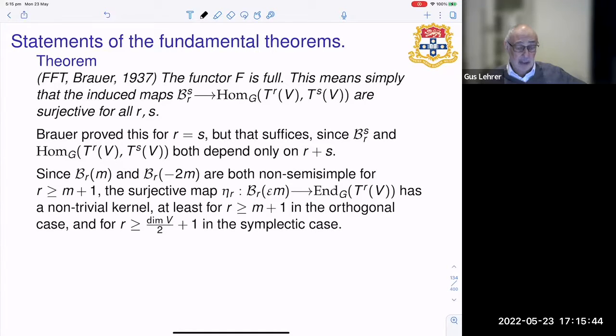We've seen the result of Rui and Cheng that the Brauer algebras BR of M and BR of -2M, where M is a positive integer, are both semi-simple precisely when R is greater than or equal to M plus 1.